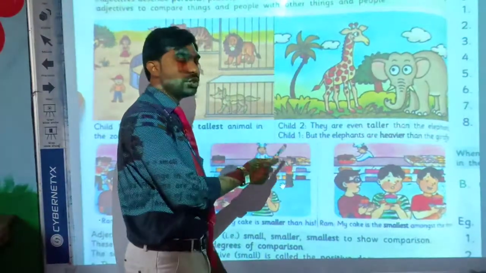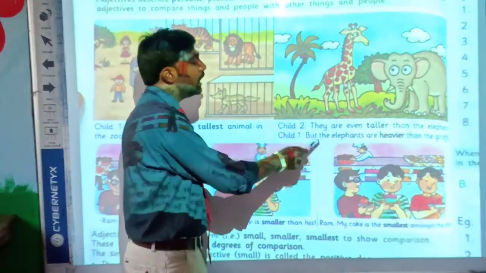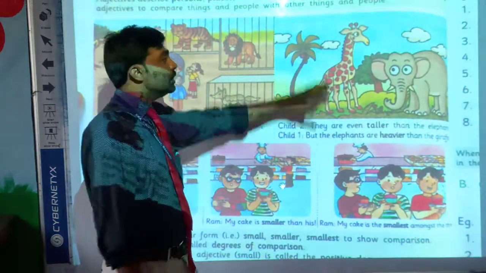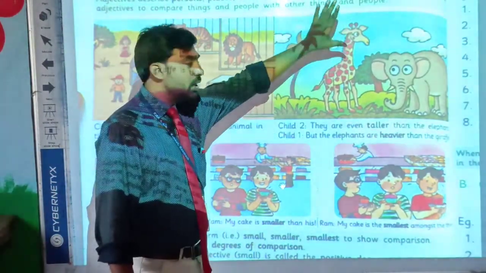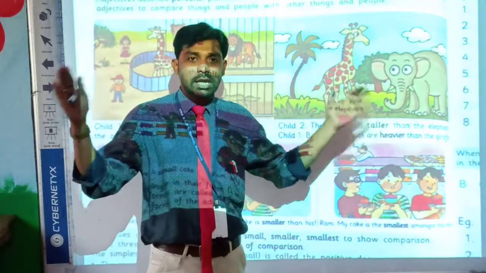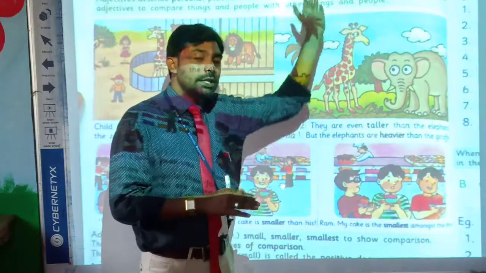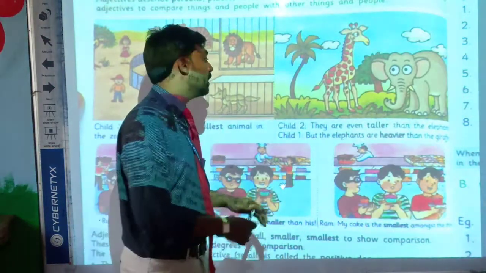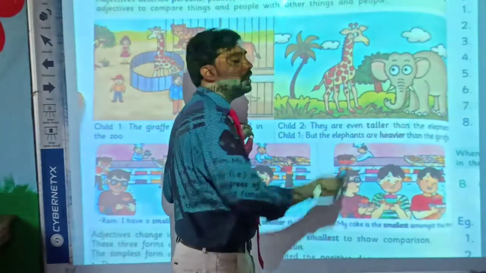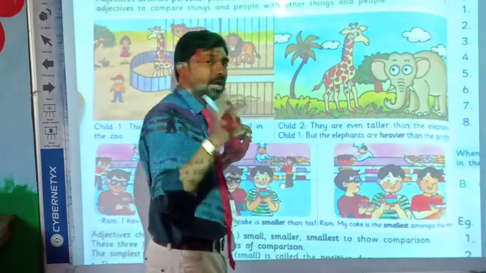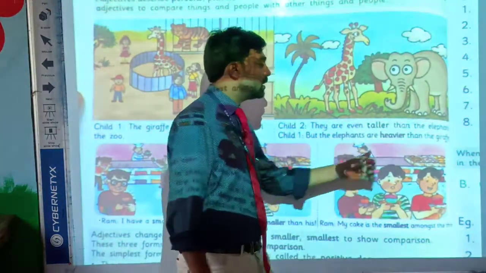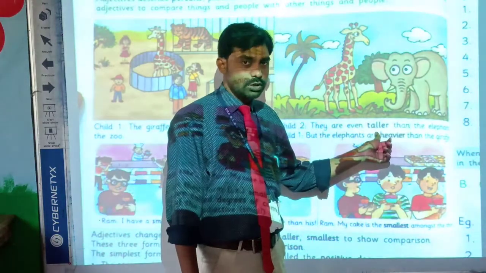Two children are there. Child 2 said, they are even taller than the elephant. It means giraffes are even taller than the elephant. As we know, the elephant is a big animal, but the giraffe is taller than the elephant too. And here this adjective is used: taller. We compare the giraffe and elephant with each other, two animals, and we use this adjective taller. This is a comparative adjective.